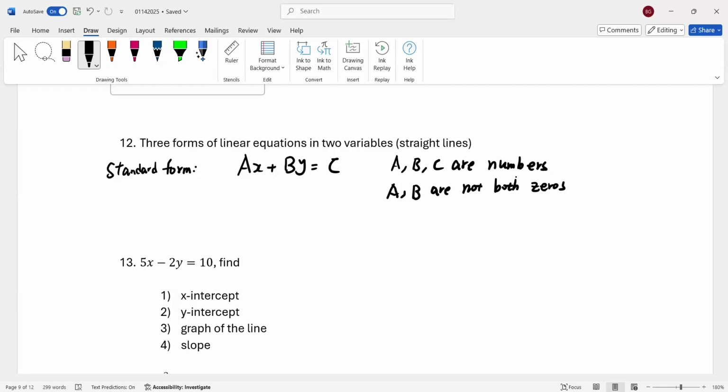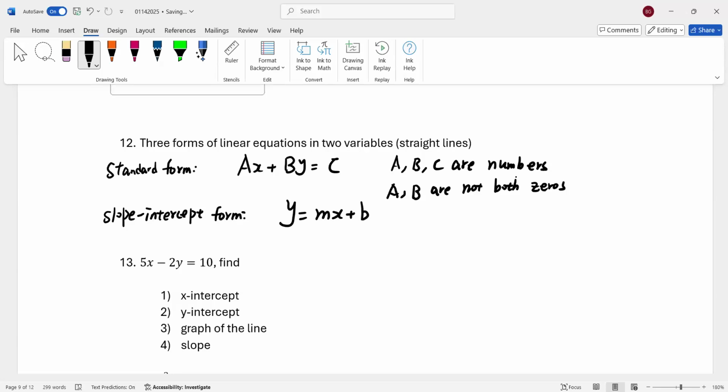Second form, very important, slope-intercept form. Slope-intercept form is the most popular form for a straight line. You must know this one. Another reason it is important is because it directly gives you the linear function, y equals mx plus b.